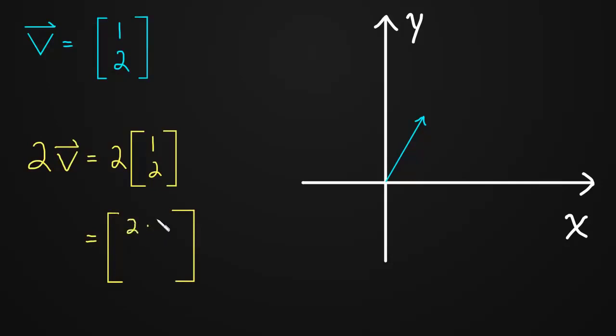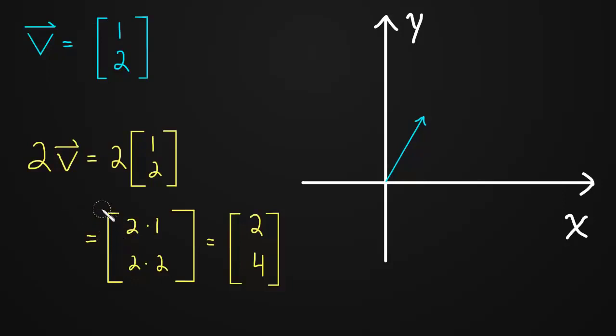This is 2 times 1 and then 2 times 2, which of course simplifies to 2, 4. The vector 2, 4.